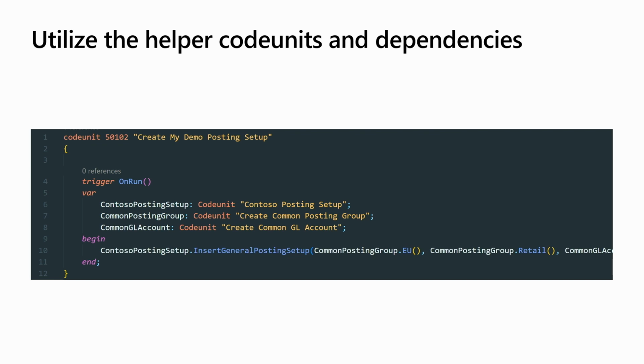You can just call those codeunits and specify the values in the parameters instead. Also, you can see from this code snapshot that we are referencing common posting groups, because those posting groups are created inside the common module. So instead of having to create my own posting groups, I can just reuse the ones already created in the dependencies.